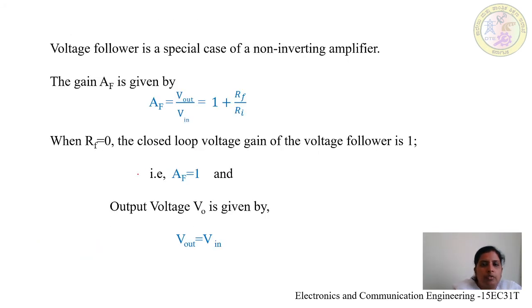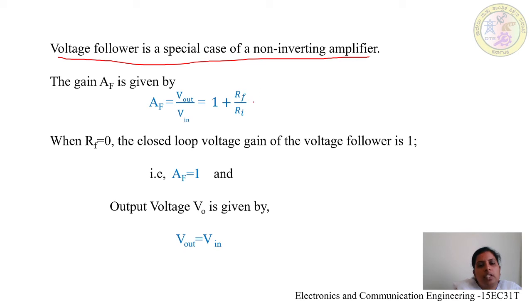As I told you, the voltage follower is a special case of the non-inverting amplifier. The gain of the non-inverting amplifier is 1 plus RF by Rin. Here RF is 0.